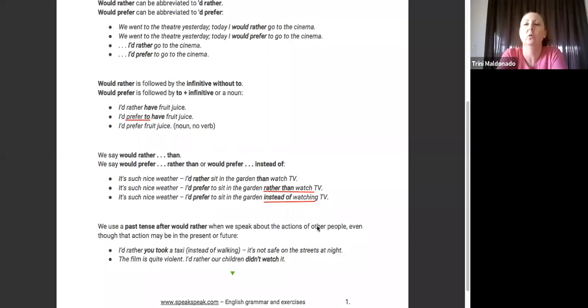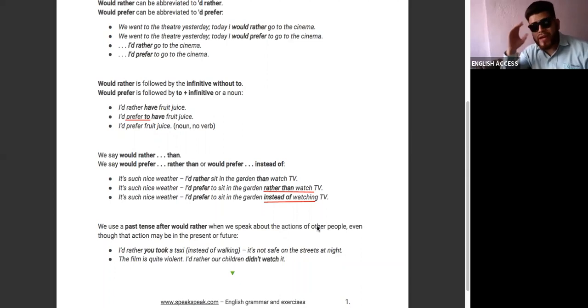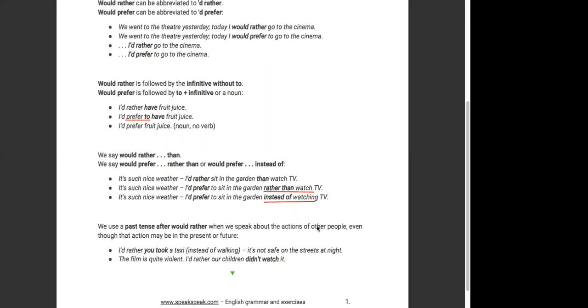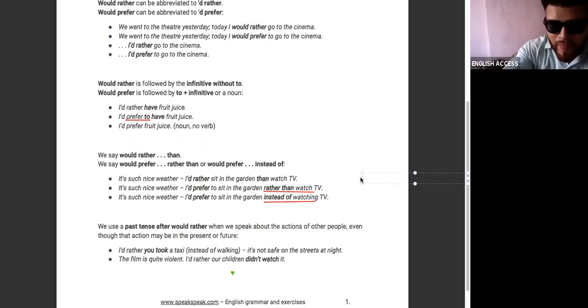English teachers, why is one verb ing and the other one the base verb? Because after the preposition, the verb is in ing. Very good. After prepositions, like in, for, etc., use a verb ing.